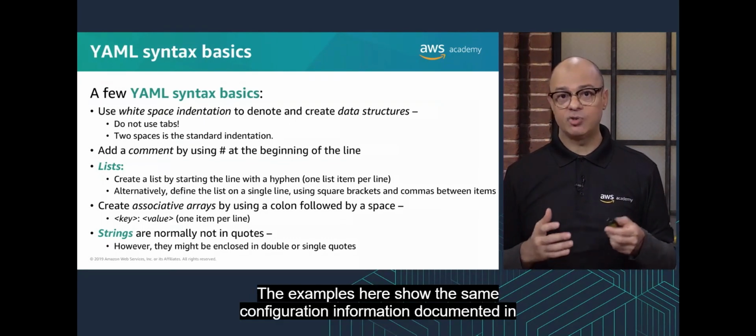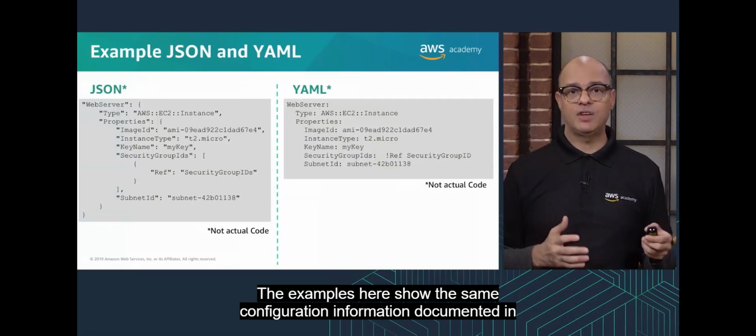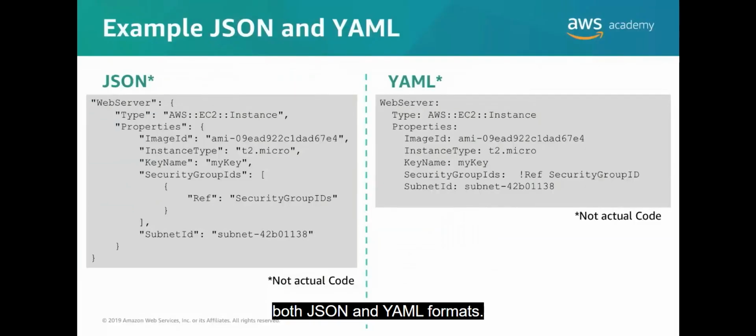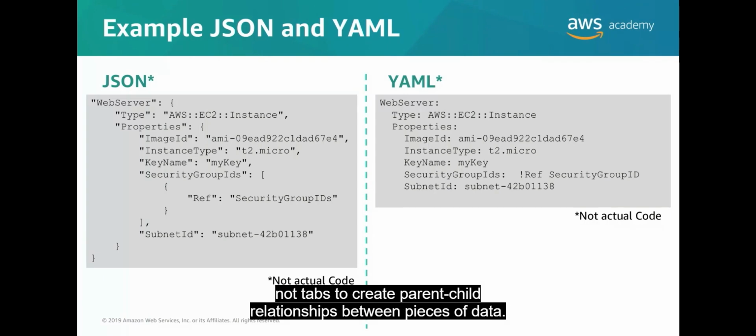The examples here show the same configuration information documented in both JSON and YAML formats. The JSON version has more characters and includes many quotation marks, braces, and commas. The YAML version has fewer characters and uses indentation with whitespace, not tabs, to create parent-child relationships between pieces of data.